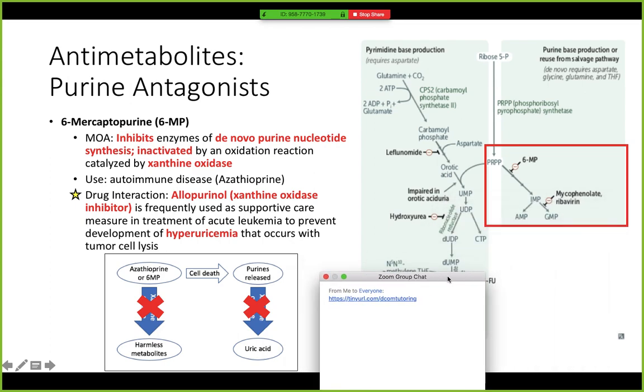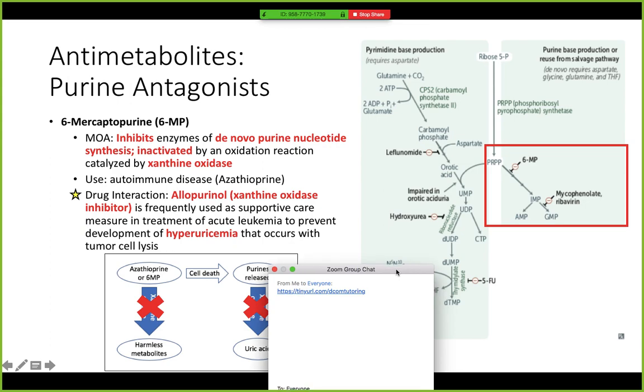Okay, so another antimetabolite is a purine antagonist, and that is 6-mercaptopurine. It's going to inhibit de novo purine synthesis, and it's also inactivated by an oxidation reaction catalyzed by xanthine oxidase.